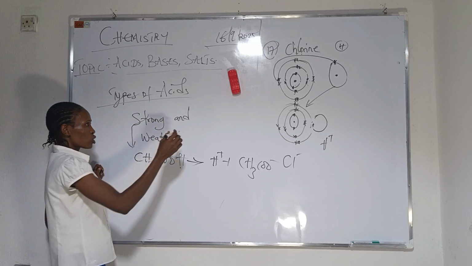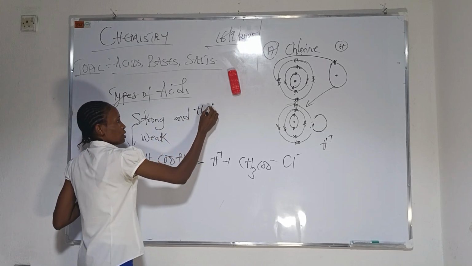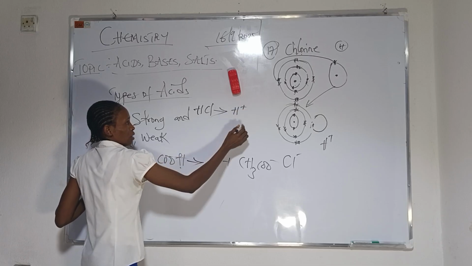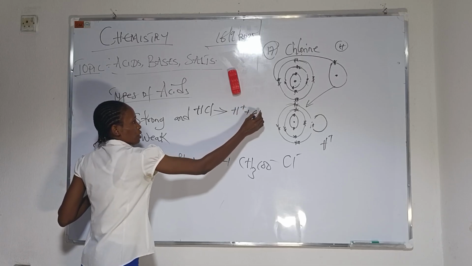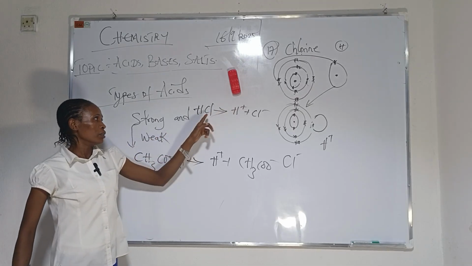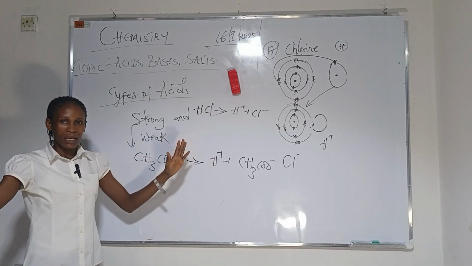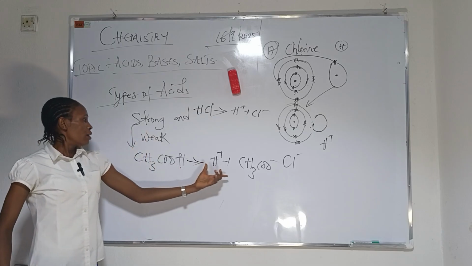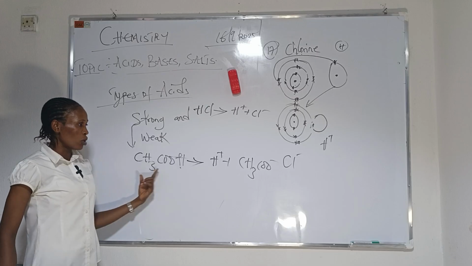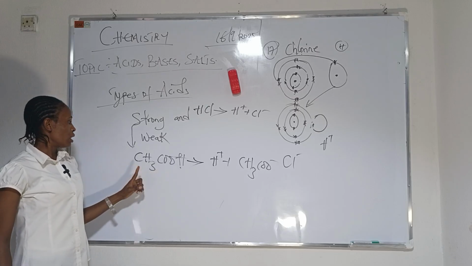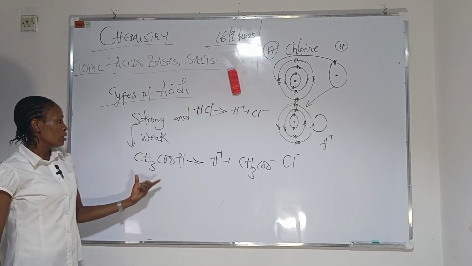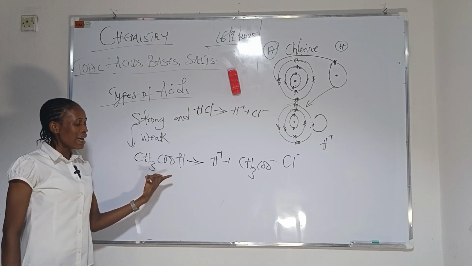Okay, look at it here. Let me write the first one. HCl, ionizing. I am now having H plus and chlorine negative, sorry, hydrogen ion, chlorine ion, everything has separated. Look at this one, it is not happening that way. CH3COOH, this is ethanoic acid.